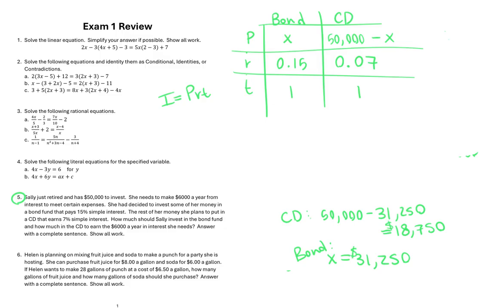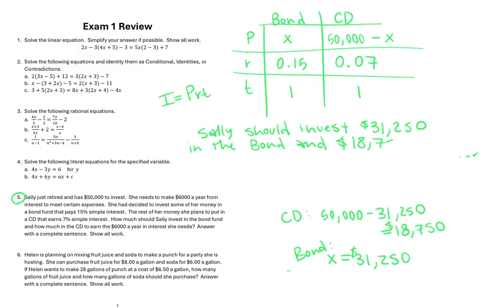Okay, so we can write that as a complete sentence. Sally should invest $31,250 in the bond and $18,750 in the CD to earn $6,000 in interest over the year.